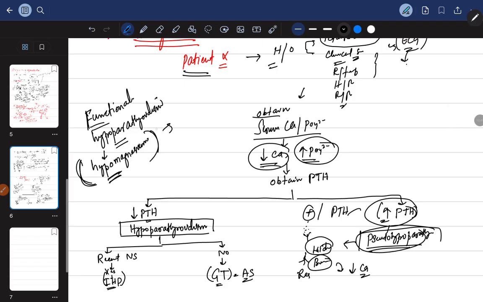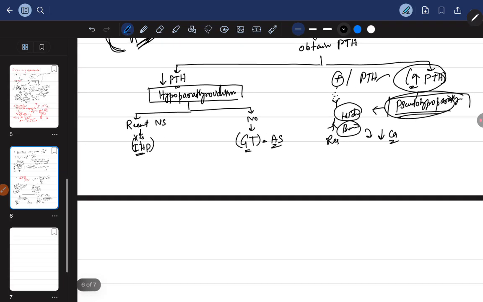When there is hypomagnesemia, it impairs the function of PTH. So mainly hypomagnesemia is the cause. Now this is regarding the diagnosis. So remember how we reach the diagnosis, and now the important part is treatment.